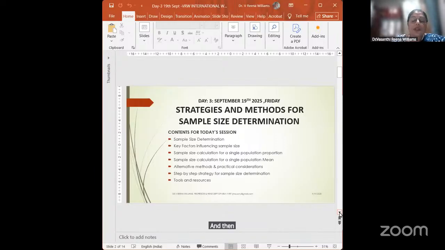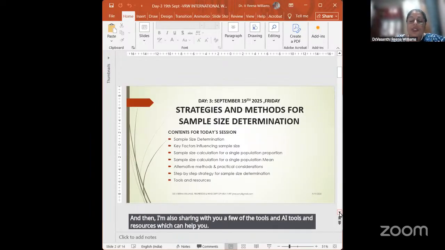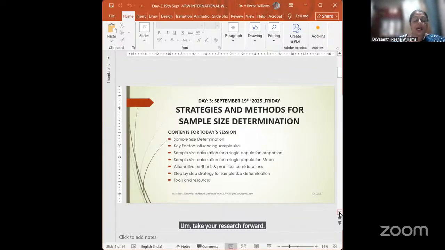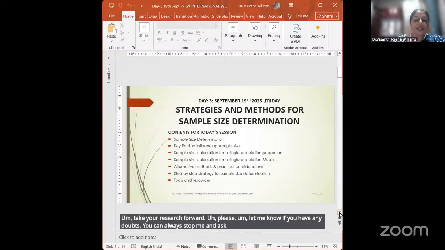And then I'm also sharing with you a few of the tools and AI tools and resources which can help you take your research forward. Please let me know if you have any doubts. You can always stop me and ask, get your doubts clarified.